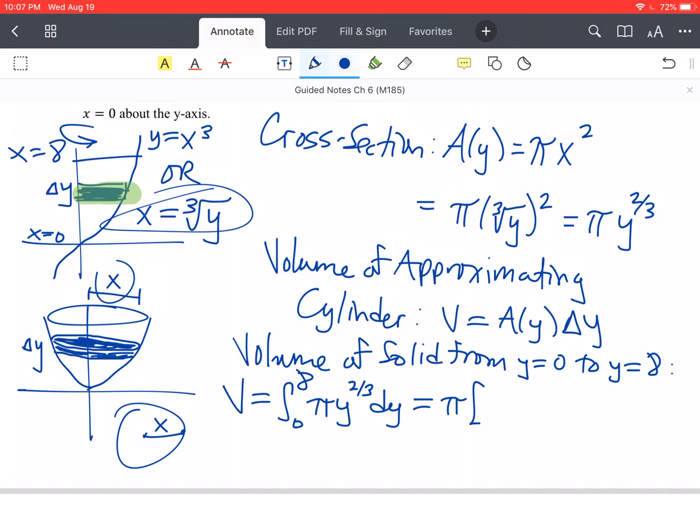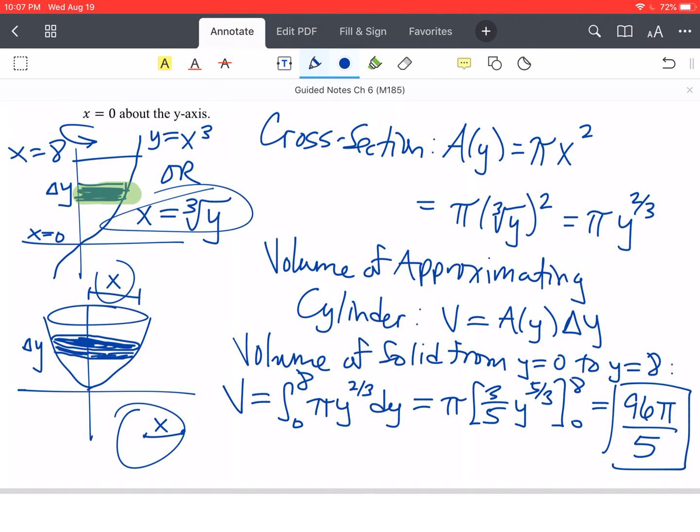Take the antiderivative of that, the rational power function, from 0 to 8. And it turns out it does work out pretty cleanly because the cube root of 8 is 2 and the cube root of 0 is 0. So you don't worry about any roots in that final answer. And it turns out this one gives us 96 pi over 5 when all is said and done.